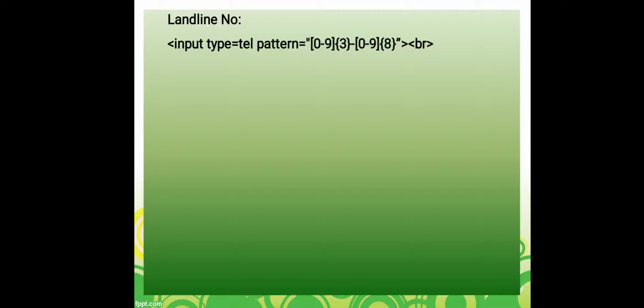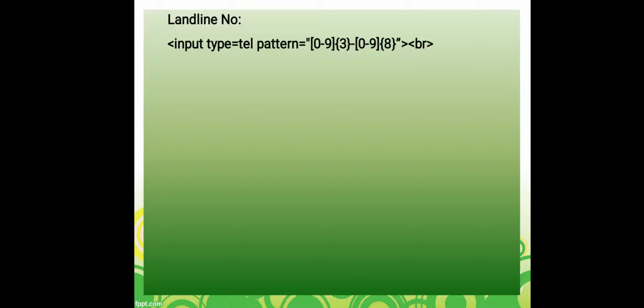For the mobile number it was 2, because for the country code we required only 2 digits. For the landline number we require 3 digits. That is why I have given 3 in the curly braces. Then there is a dash. Again in square bracket, 0 to 9 is the number range. And now here you can see, instead of 10 digits I have taken 8 digits. This is what I wanted. Maximum students have gone wrong. I hope now this is clear.